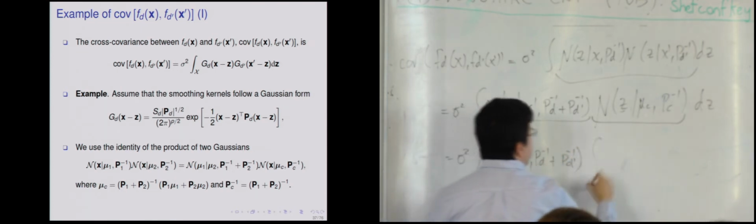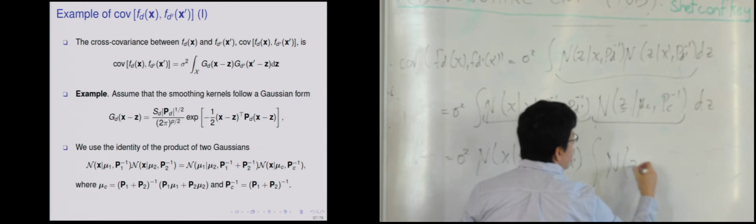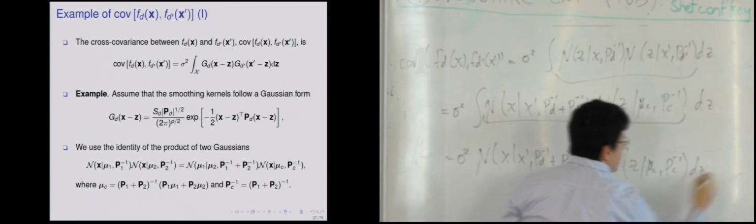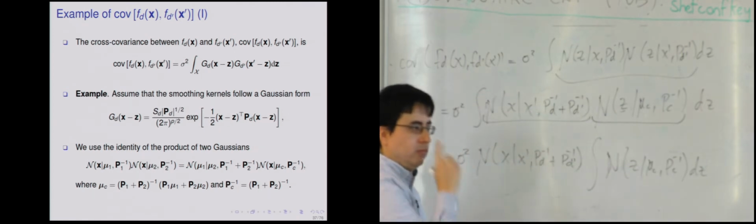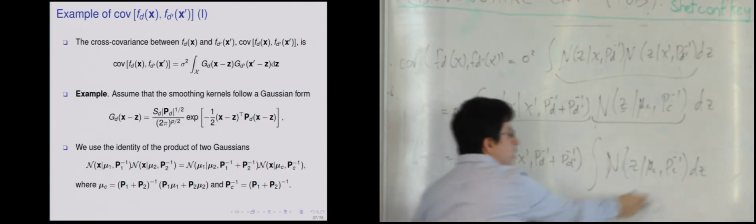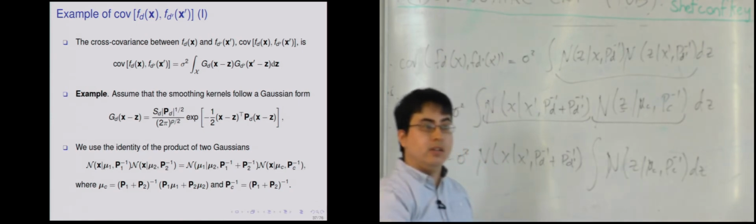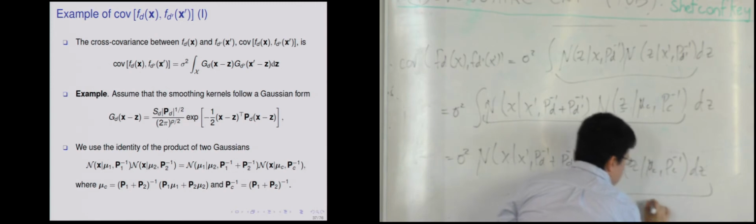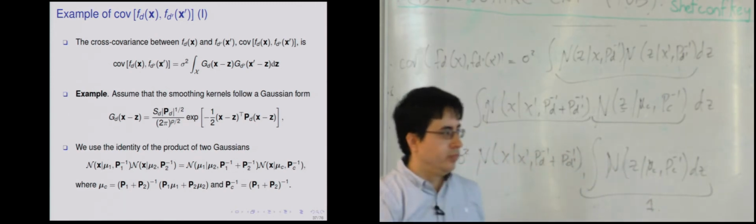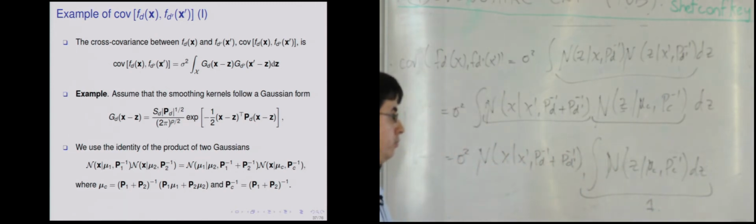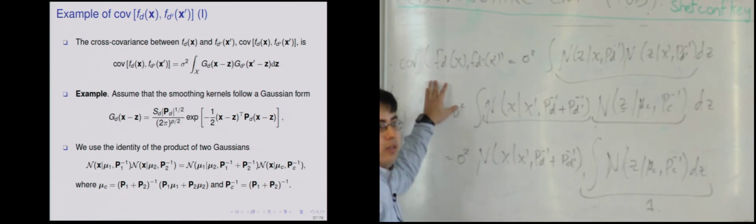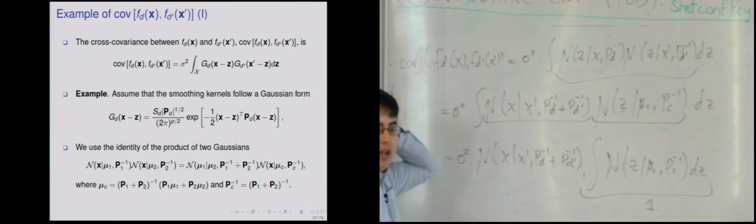And then I have the integral of this other Gaussian over z with mu c, PC minus 1. What is the value of this integral, sorry? 1. Right? 1. It's the property, yeah, of a density function. And then I get the result, which is the cross covariance between fD and fD prime. Yeah? So that's the result.